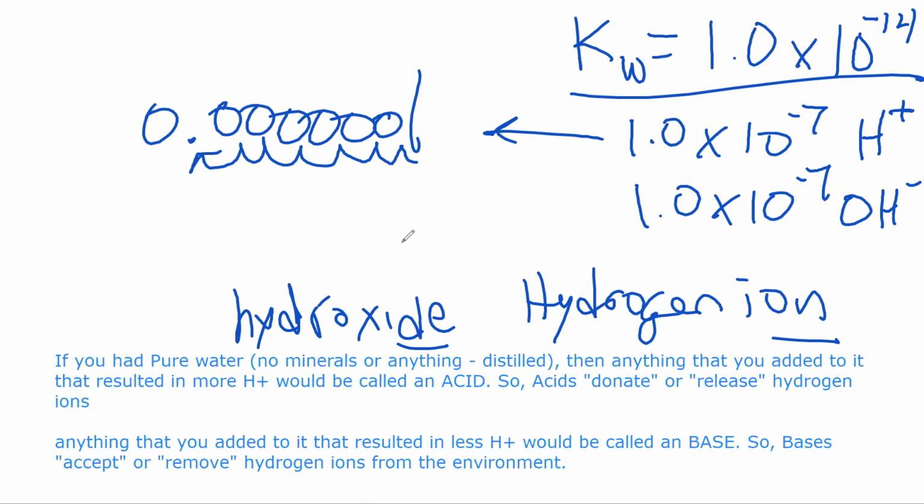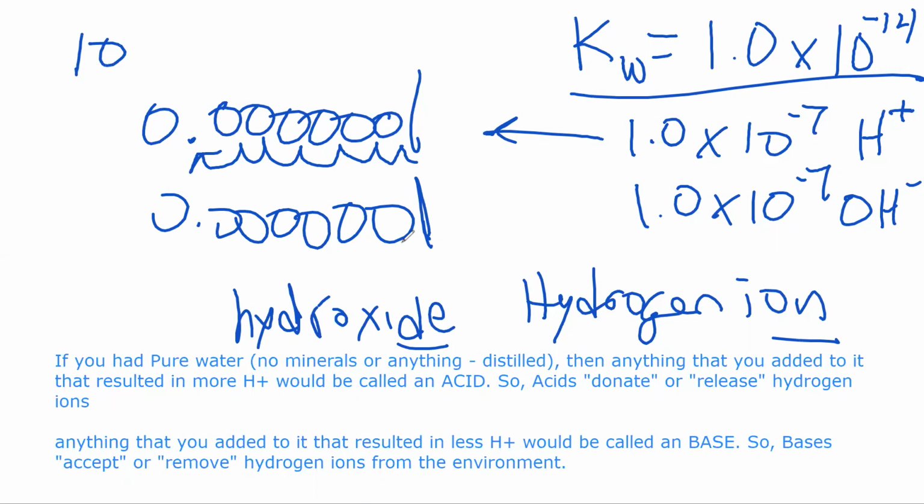So you have equal numbers. You also have 1 times 10 to the -7, which is 1, 2, 3, 4, 5, 6, 7. So they're equal. Now you tell me, what's a bigger number? This or this? Clearly, right? It's greater than. What's bigger? Right?